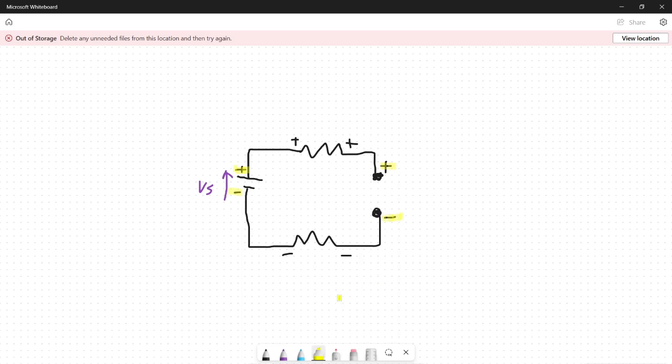And what did we call voltage? Voltage is the change in potential. So there is actually a volt drop here because there's a change in potential there and there. And this change in potential will now equal the source in this case.